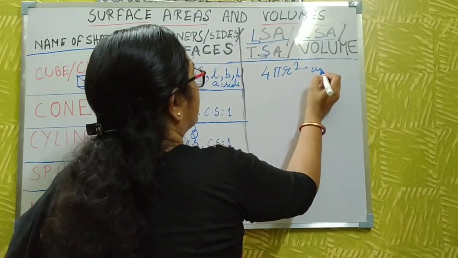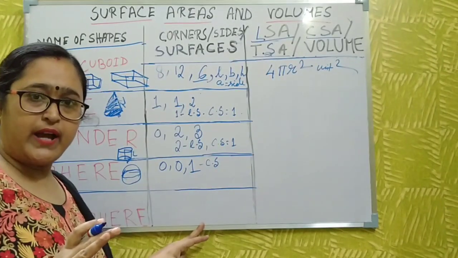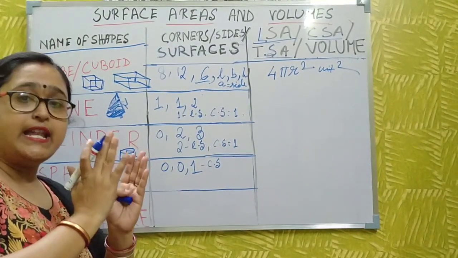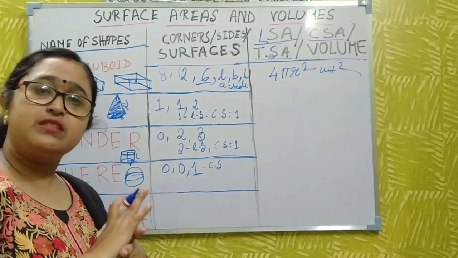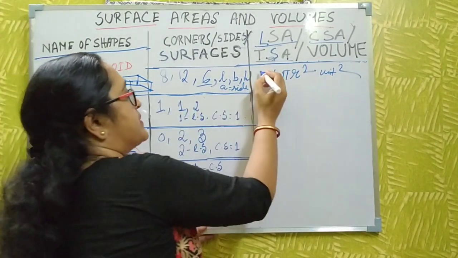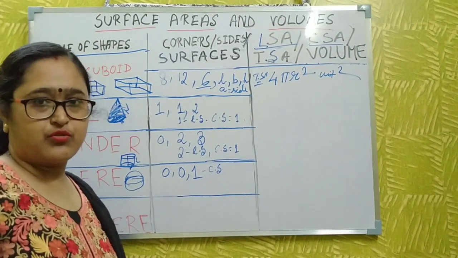All of you know the area of circle is pi r square. You take 4 circles and they make a sphere. Then the total surface area of sphere is 4 pi r square.